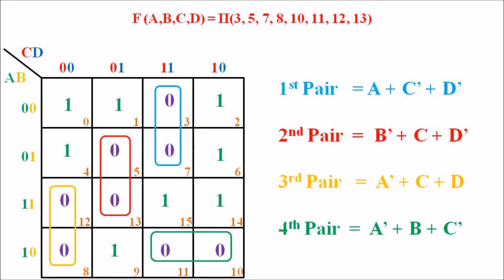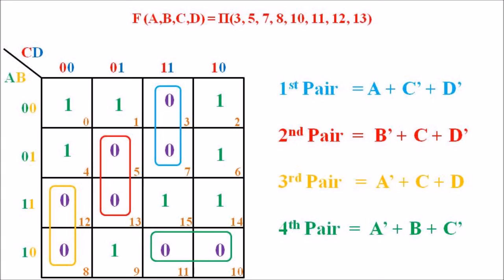The third pair is in the first column, in the third and fourth rows. The value of a is equal to 1 in both rows, and the value of b is changing from 1 to 0. The values of c and d remain constant, with c equal to 0 and d equal to 0, since it lies in the first column. Therefore, the reduction for the third pair is a complement plus c plus d.